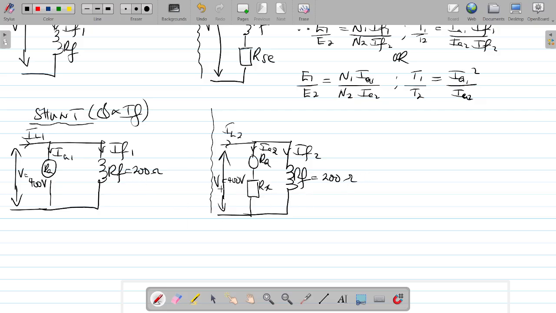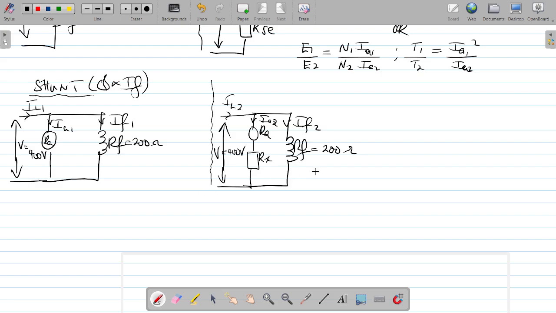You have read the statement, assume that the flux is proportional to the field, and you want to write your formulas for EMF and torque. So in this case, already we know armature current won't be the same, but I'm not interested in that. I'm interested in flux being proportional to the field.